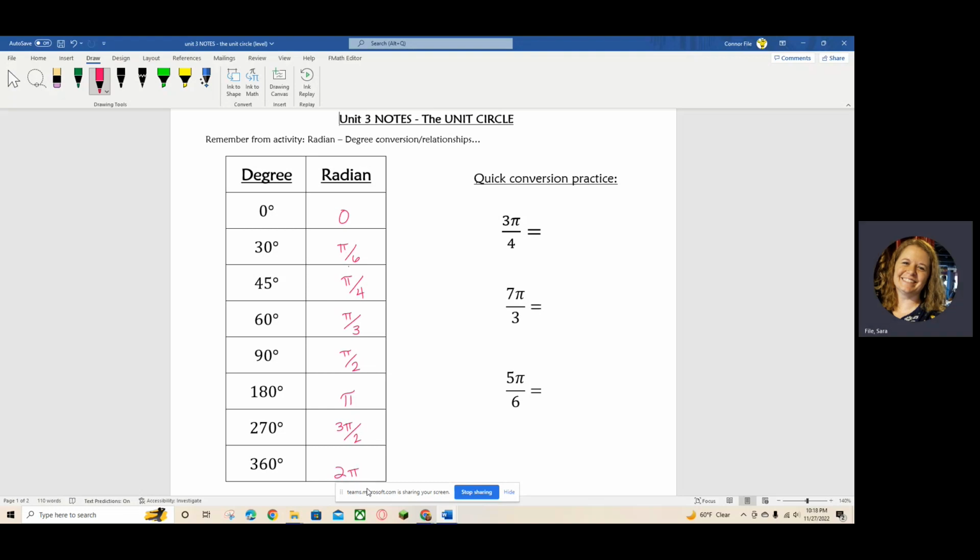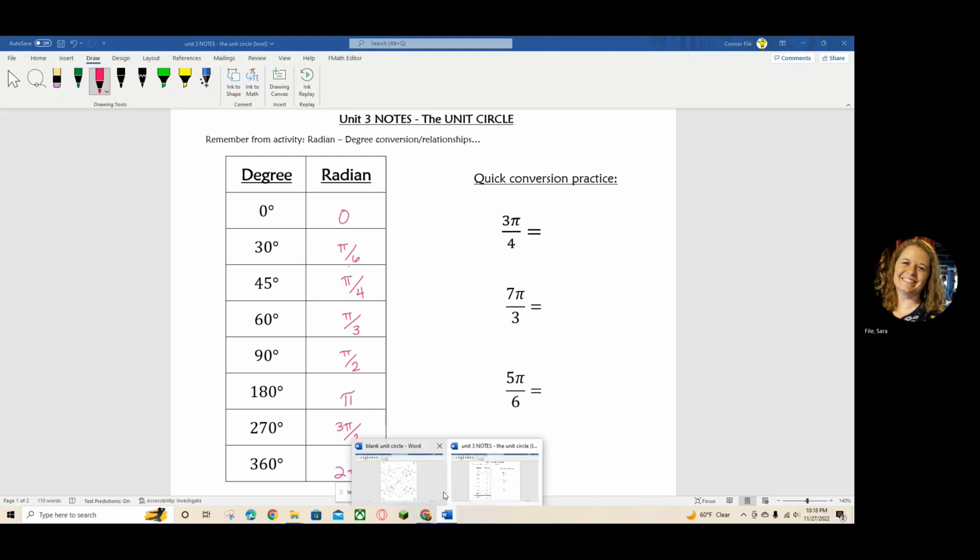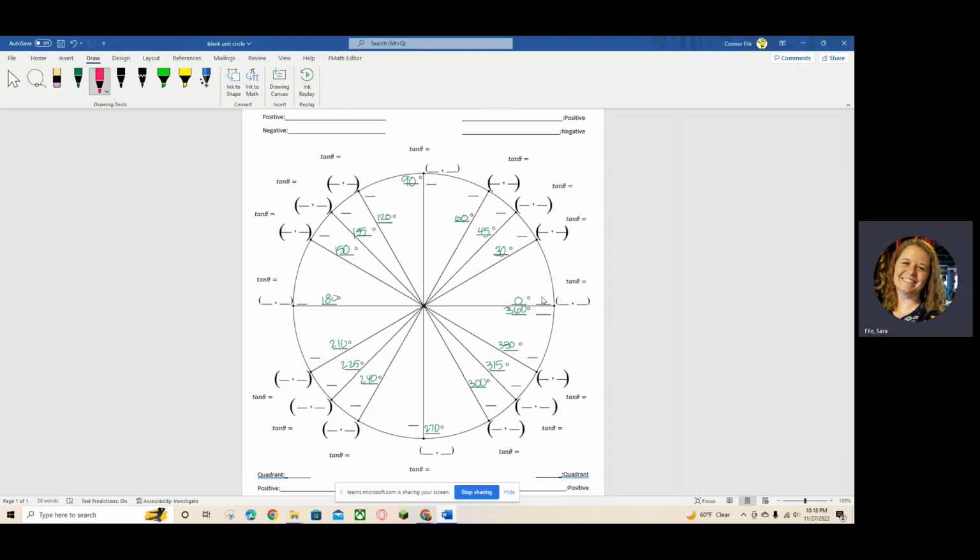Okay, so we're going to go back to our circle and fill that in. So we said this is 0. We know that half a circle is pi. A full circle is 2 pi. So to refresh our memories from before the break, we said, okay, halfway to pi, because 90 is halfway to 180, that's pi over 2, or pi halves.